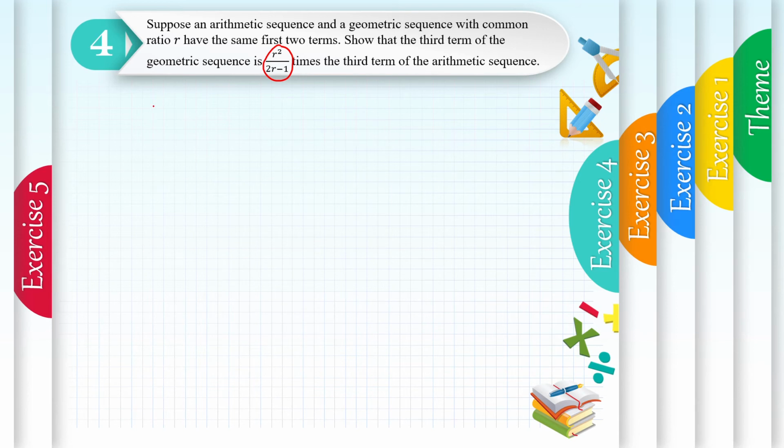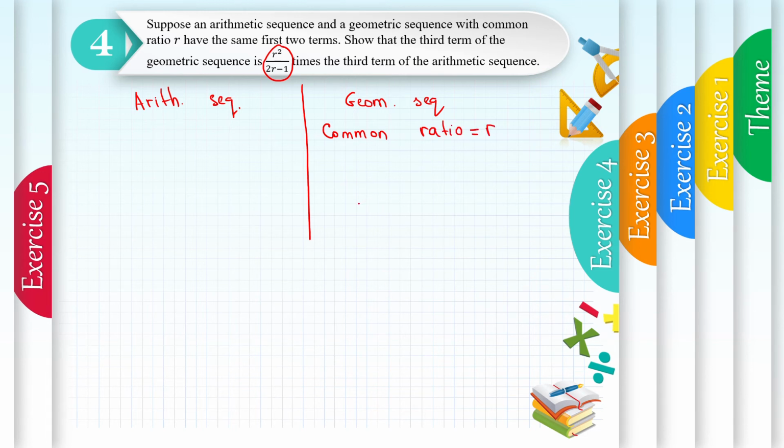So what do we have in this exercise? We have an arithmetic sequence and we have a geometric sequence. We also know that our geometric sequence has the common ratio, so the common ratio is r.